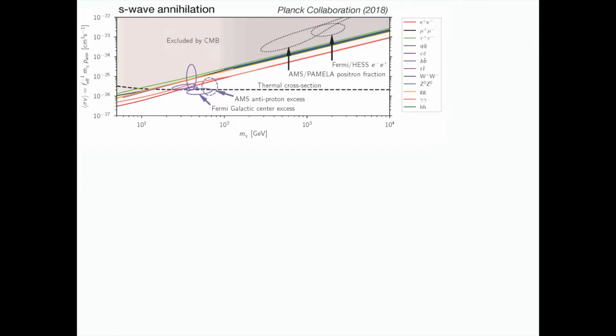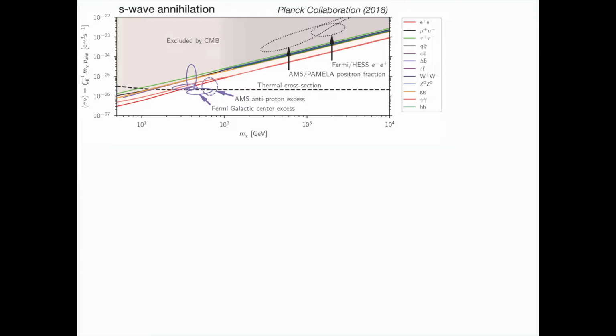Here is, for instance, for S-wave annihilation. This is in terms of the dark matter mass versus the annihilation cross-section, and everything above this line is excluded by Planck for various different annihilation channels.